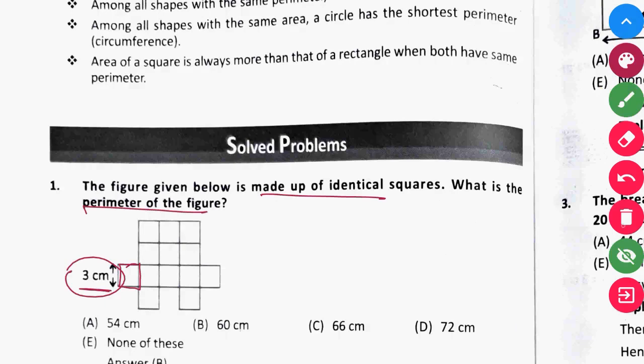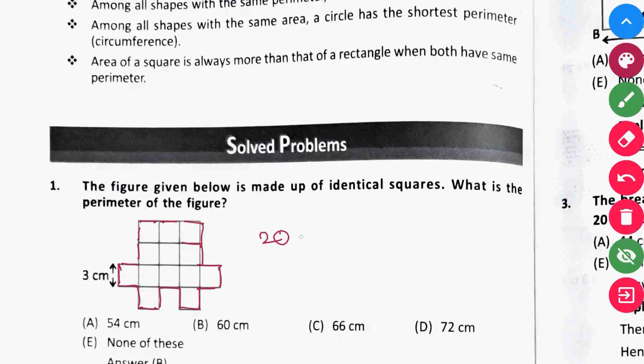Now here we don't need to calculate the squares and then multiply. No need. What we have to do here is count the sides. So how many sides are there outside? See, this is 1, 2, 3, 4, 5, 6, 7, 8, 9, 10, 11, 12, 13, 14, 15, 16, 17, 18, 19, 20.